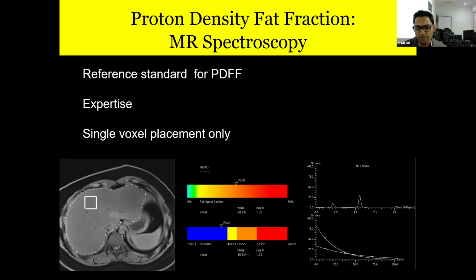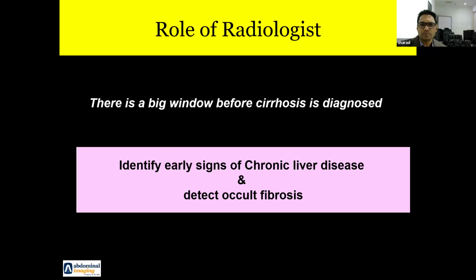So this way we get the best of both worlds. So there is a big window before cirrhosis is diagnosed. If you identify fat, then you have to identify early signs of chronic liver disease, and you try to detect occult fibrosis.